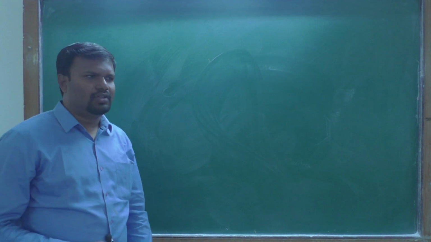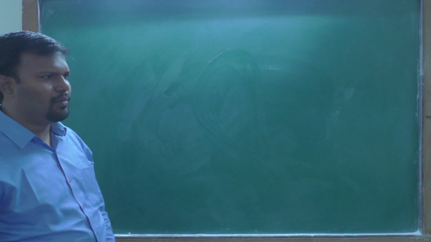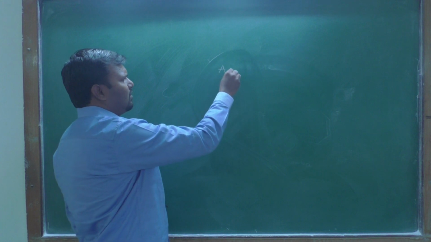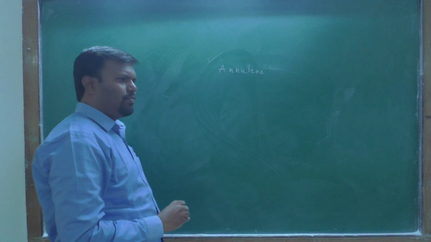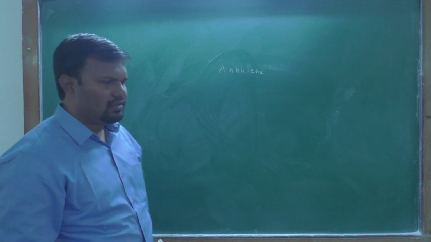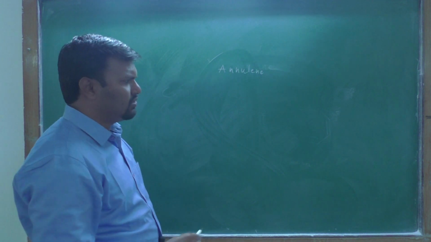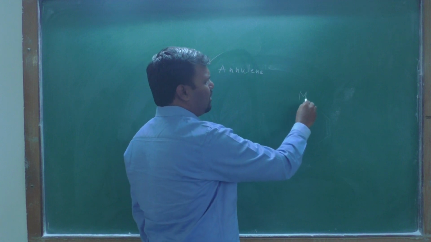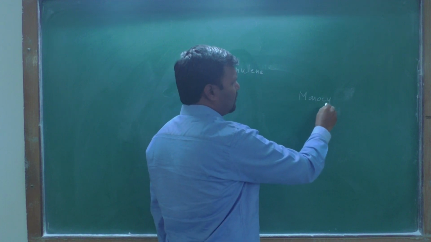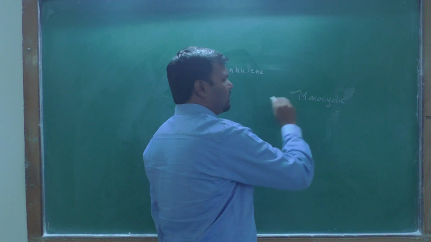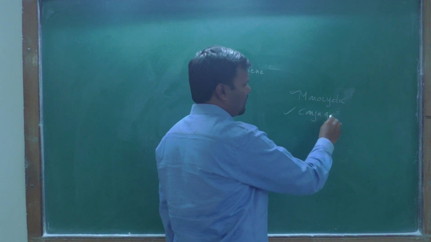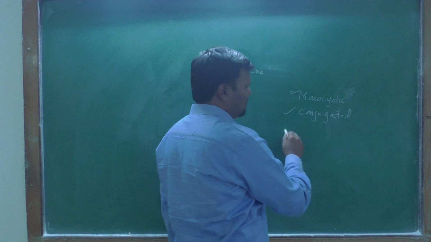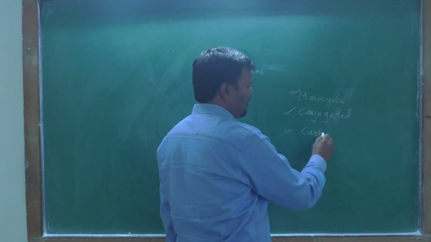Dear students, today we will learn about the compounds, that is the annulene. That compound has the characteristic properties: it is a monocyclic one, then it is conjugated, and it is a carbocyclic compound.